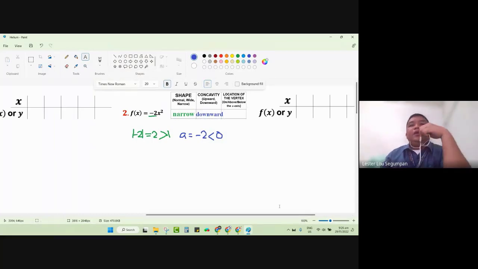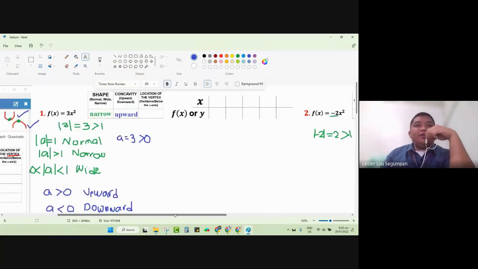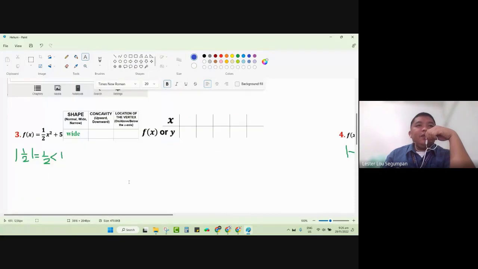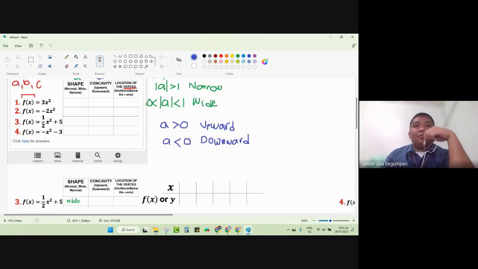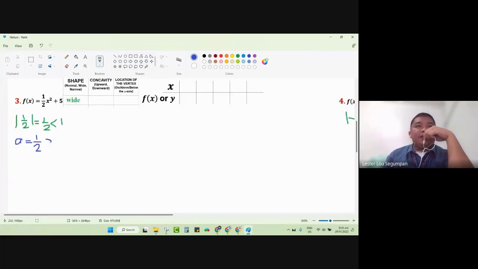So proceeding to number 3, our A coefficient, the same as what we used earlier, is equal to 1 half. Though it's smaller than 1, looking into the perspective here, it's only looking at the sign, whether it's positive or negative, or whether it's greater than or less than 0, and 1 half is greater than 0.